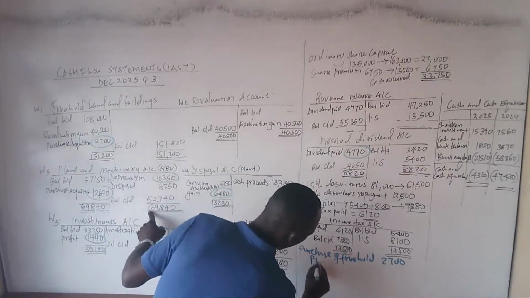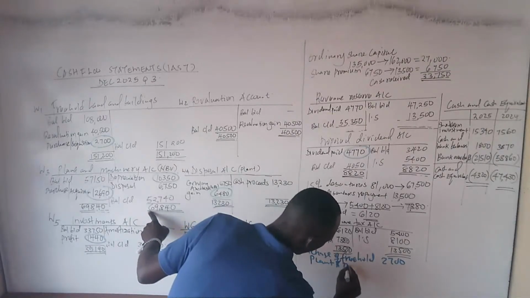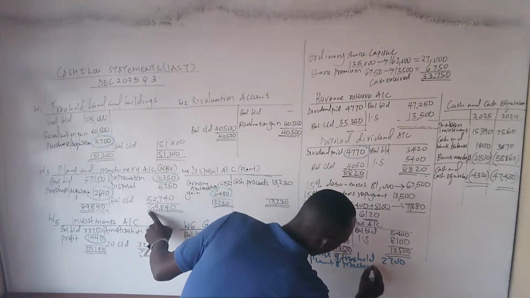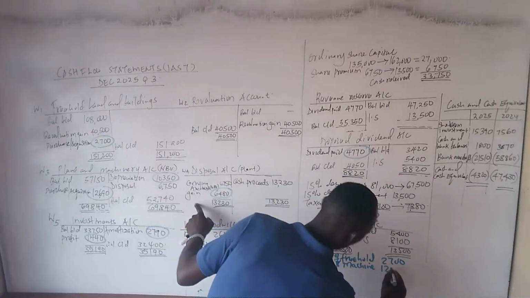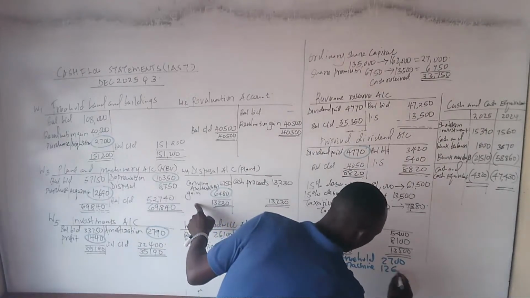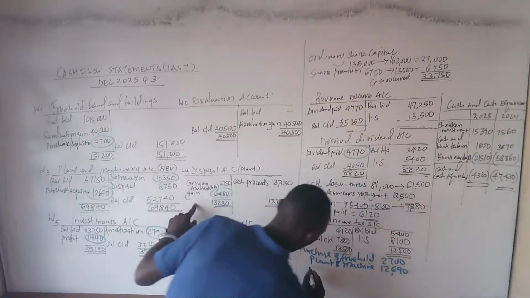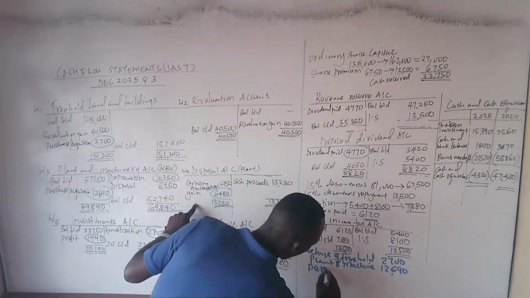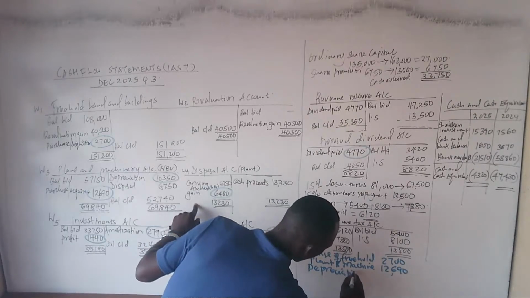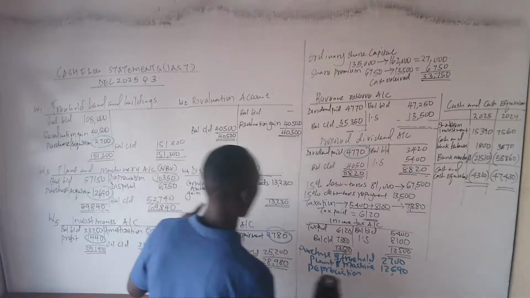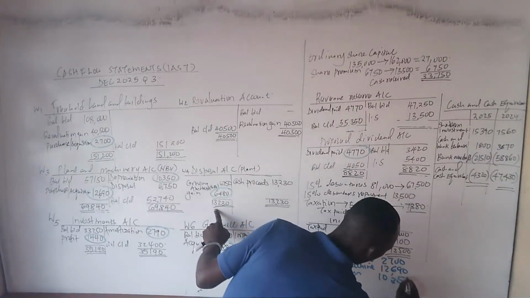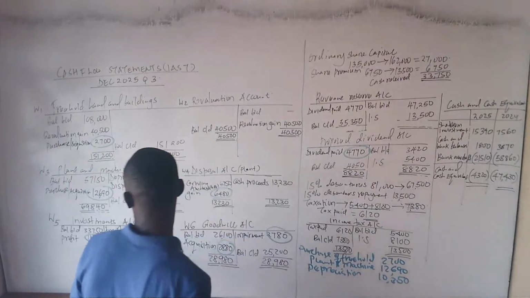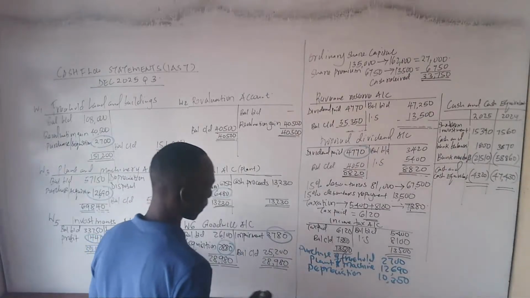Again, it is the purchase or acquisition, and we have an amount of 12,690. Then we had the depreciation, an amount of 10,350.